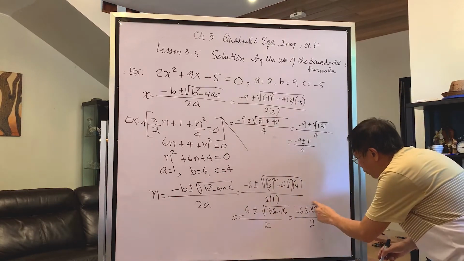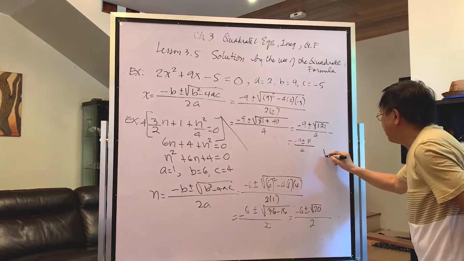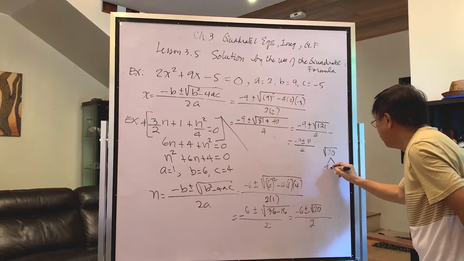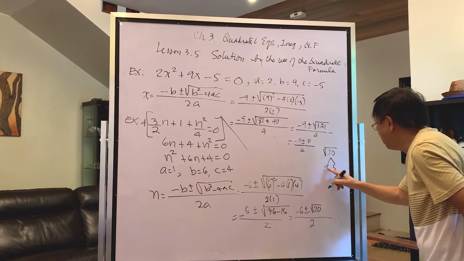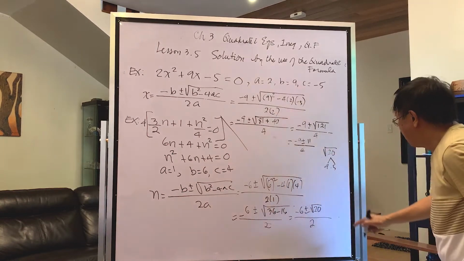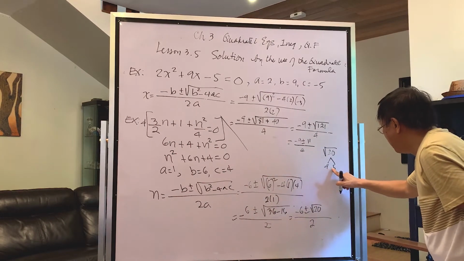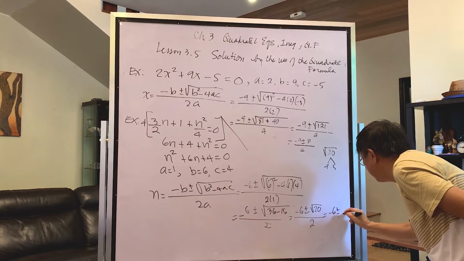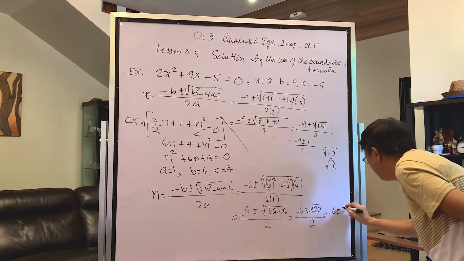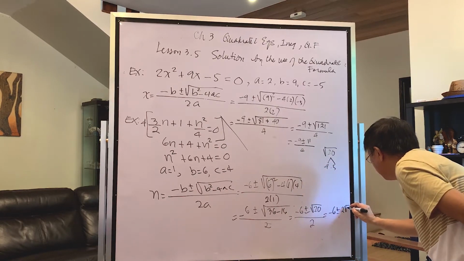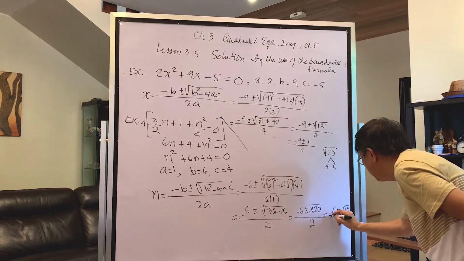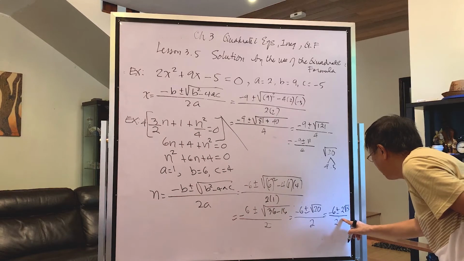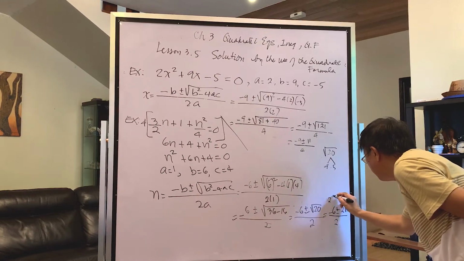Recall how to simplify square root of 20. Here, I can split this 20 into 4 and 5 such that one of the factors is a perfect square. So that will be 4 times 5. Simplifying this, I get negative 6 plus or minus square root of 4 is 2, so I'll take that out. 5 remains in the radicand, all over 2. Here, I can factor out 2 on the numerator.